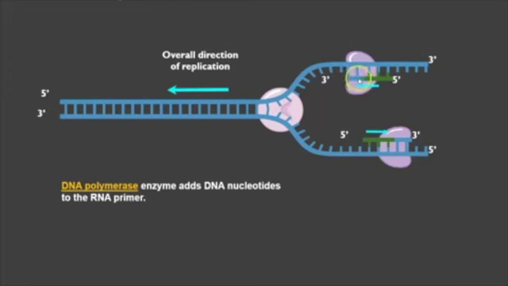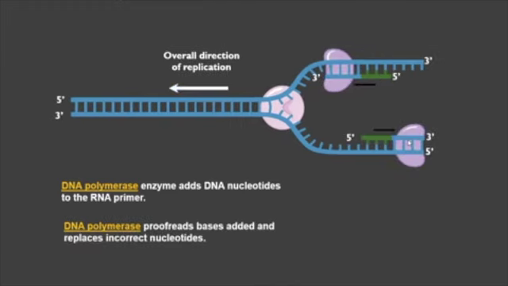So you'll see on this top one here, those DNA nucleotides are being added here, whereas down here they're being added in the opposite direction. So you can see it keeps adding and they're going in opposite directions. And as it goes along, that DNA polymerase also kind of proofreads bases. And we'll talk about this a little bit later, but that proofreading helps to prevent mutations from happening.